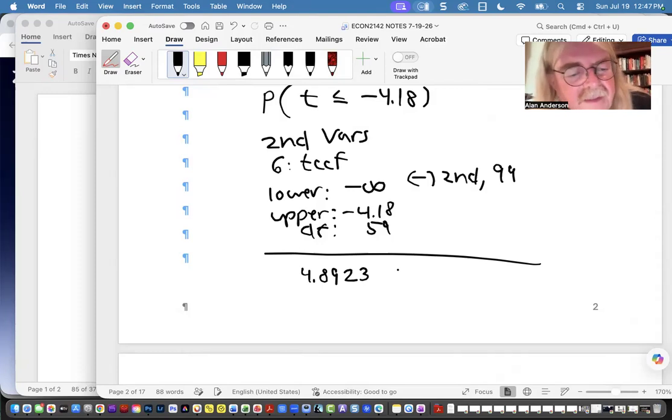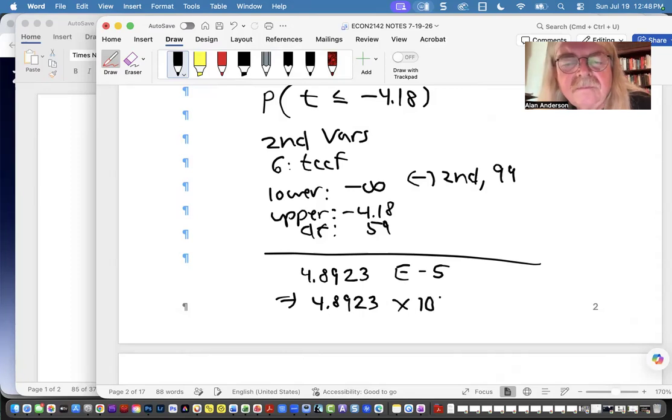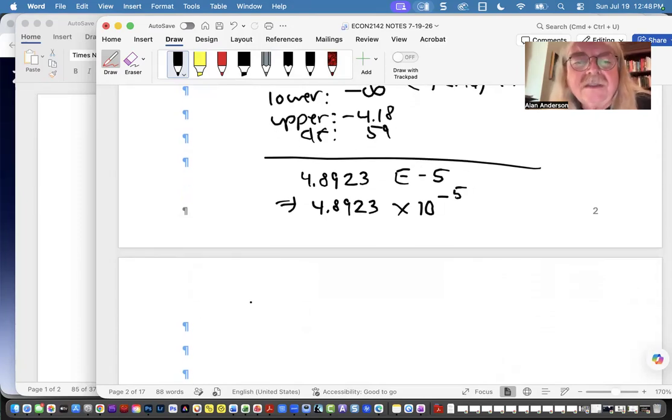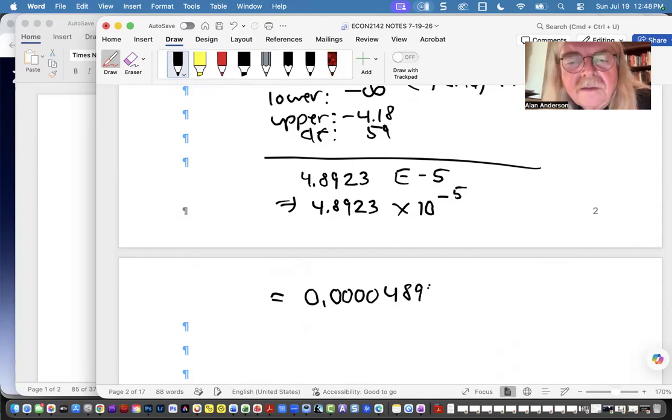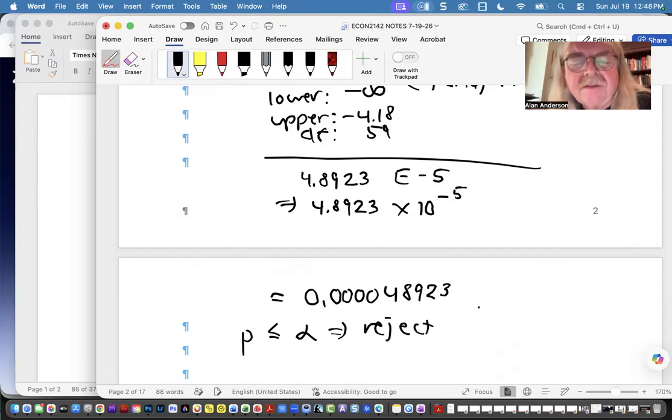So if you look carefully at the end here, you'll see this E minus 5, which is what it's trying to tell us. Okay, so remember the rule here. P is less than or equal to alpha means reject the null, accept the alternative.